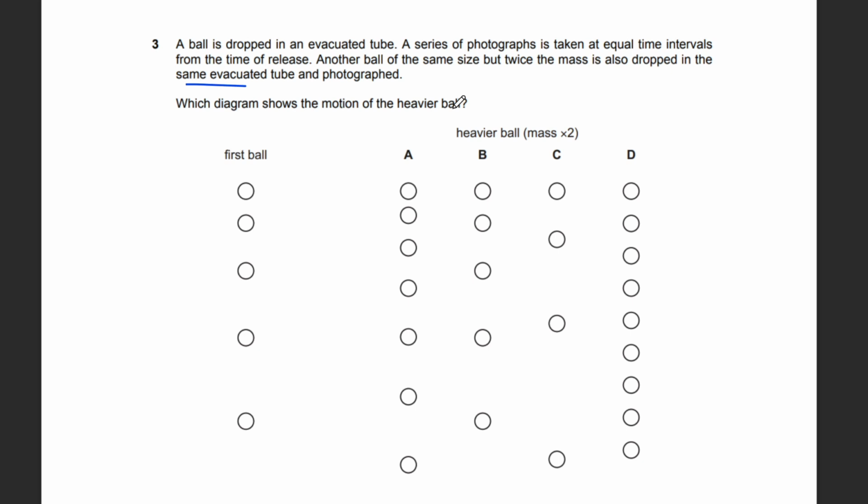It says it's the same evacuated tube, a vacuum, so air resistance won't have any effect. Both of the balls will experience the same acceleration, the gravity from the earth, so it would just be the same. B.